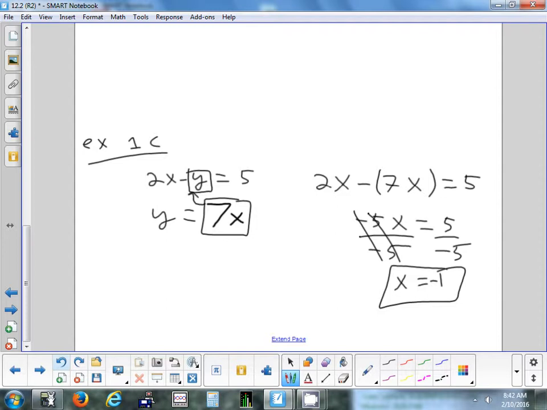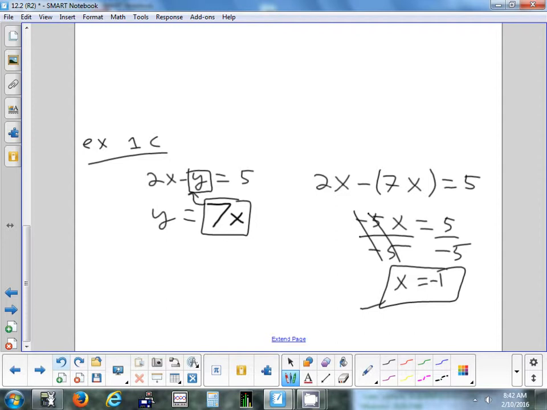All right. Now, Gabe, what do I do with this negative 1? Well, what is this negative 1? It's equal to what letter? X, right? X equals negative 1. Do you see an equation that already has y by itself? Yeah, which one?